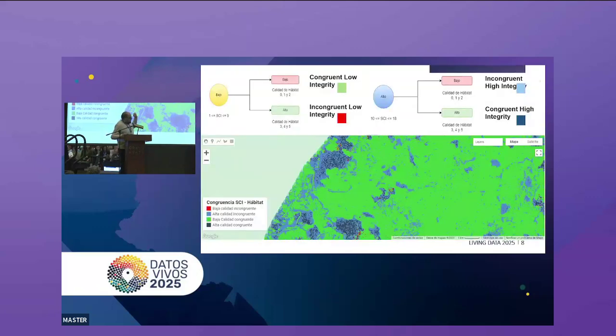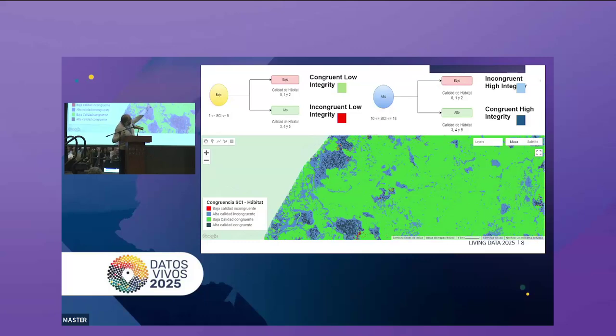And we find 4 different scenarios. Congruent low integrity, basically, it's when we have a low SCI and no forest-dependent species, so it's like a low-low relationship.